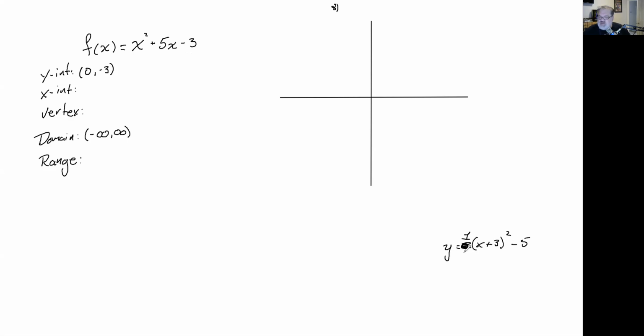If we wanted to find this thing's y-intercept and we said, oh, the constant on the end is -5, so the y-intercept is at -5, it's not. We get the y-intercept by asking, what happens when that x is 0? Well, 3 squared is 9, 9 minus 5 is 4. So the y-intercept would be (0, 4), not this -5.